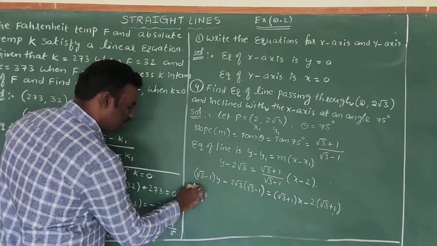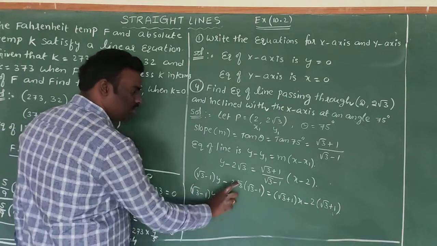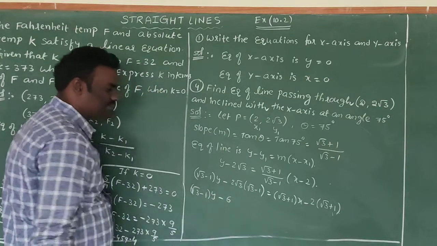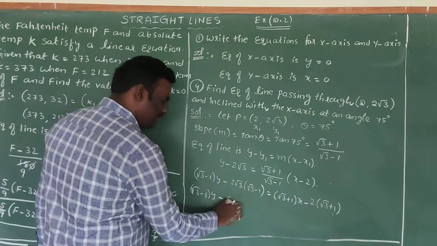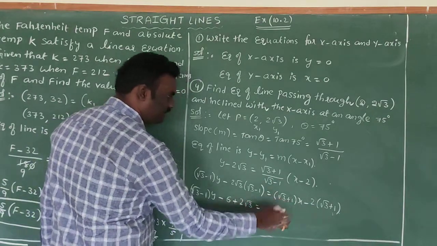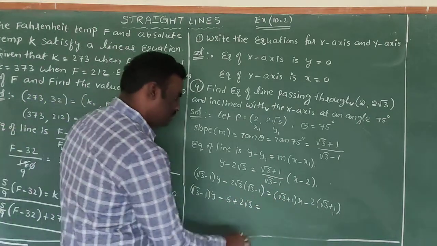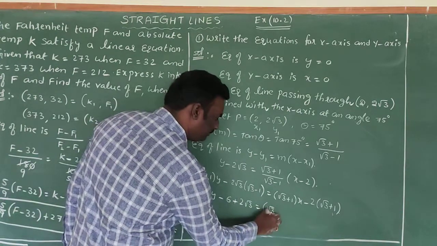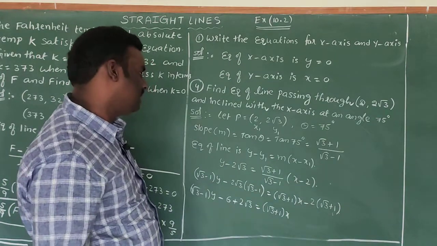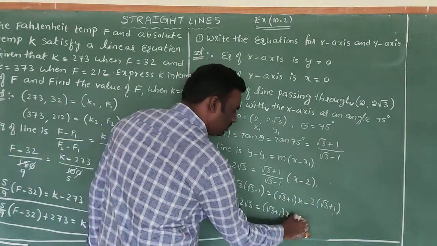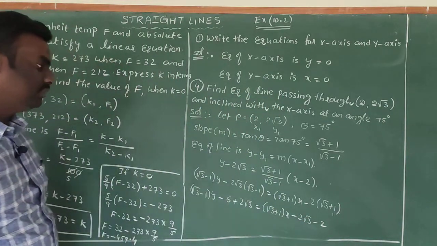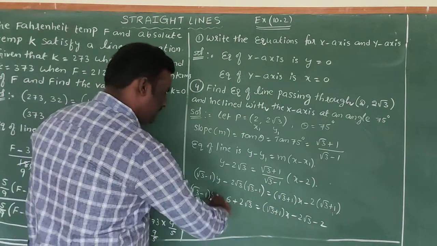Root 3 minus 1 into y minus 2 root 3 into root 3: root 3 into root 3 is 3, 3 twos are 6. Minus of minus, plus 2 root 3 into 1, 2 root 3. Here root 3 plus 1 into x. So here what you will get: minus 2 into root 3, minus 2 root 3, minus 2 into 1, minus 2. Okay. Now simplify. Take this value that side.